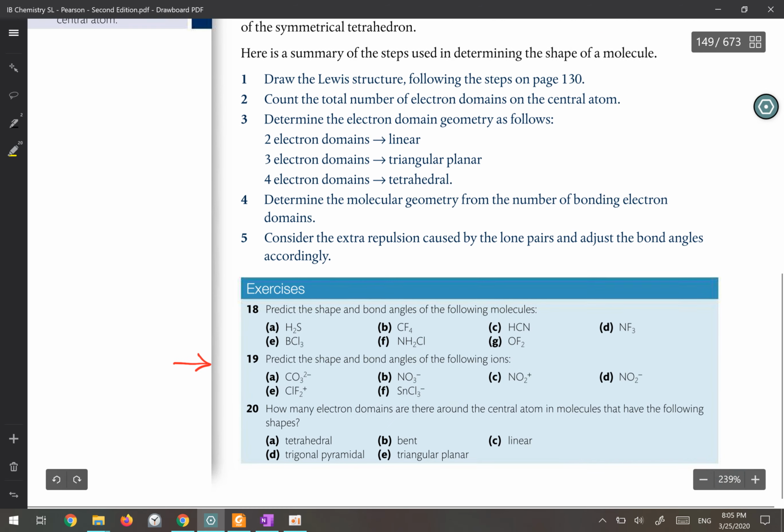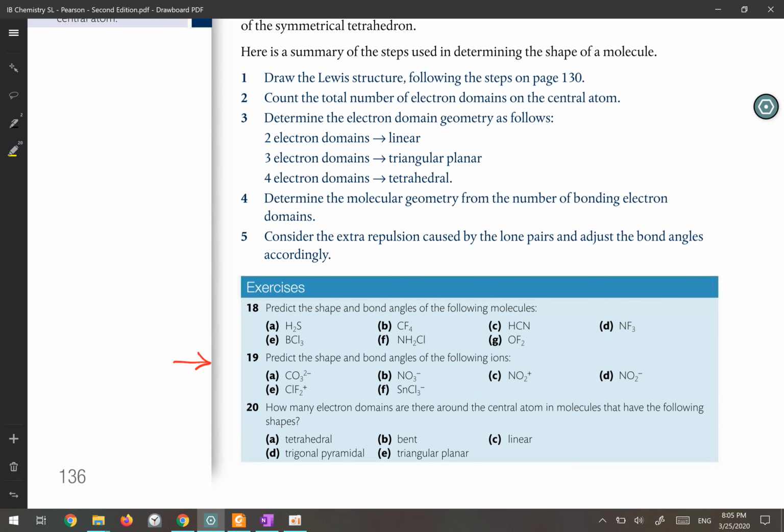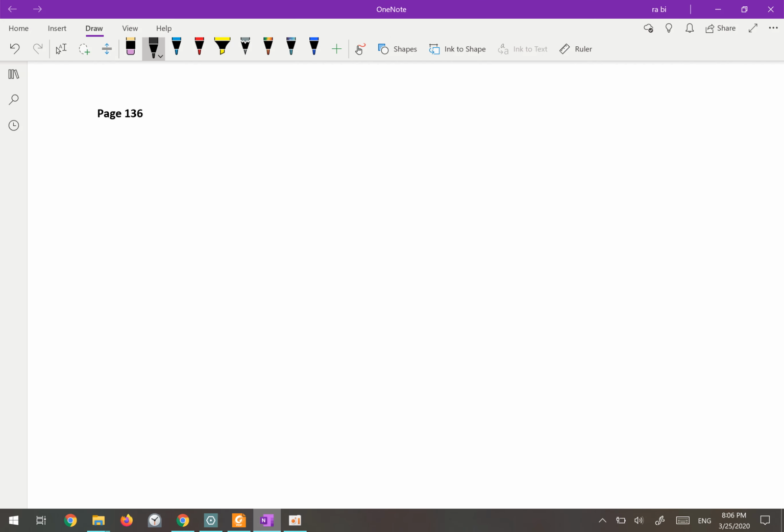Now let's go to page 136 and answer this question. Predict the shape and the bond angle of the following molecules. H2S. I want to find the shape of the molecule for H2S. The first step is to draw the Lewis structure. You have two hydrogens and one sulfur.